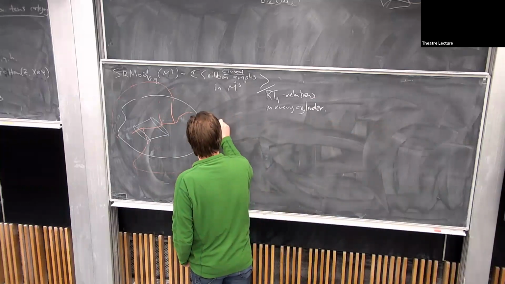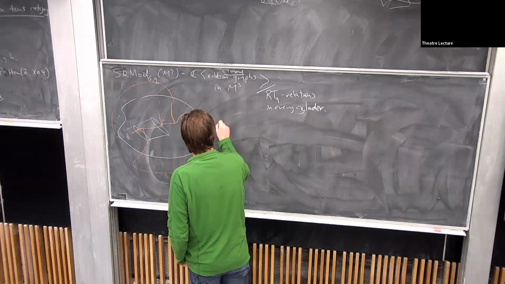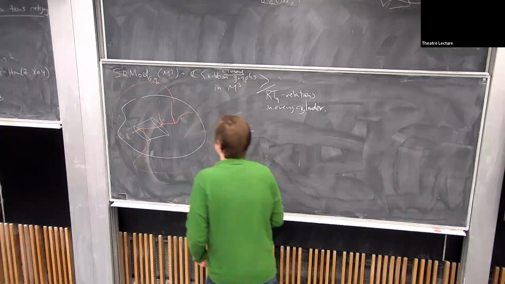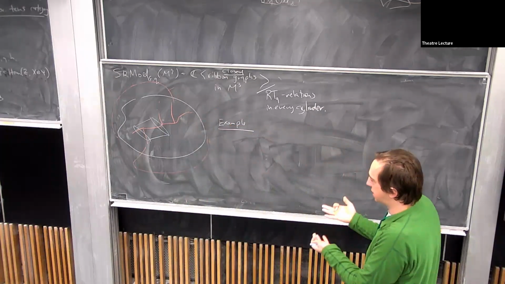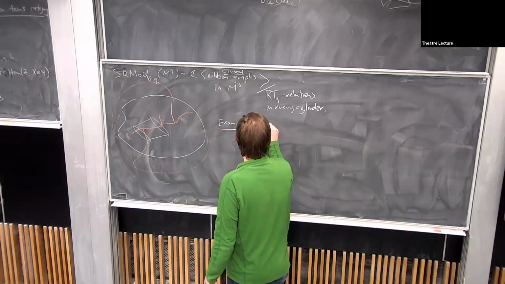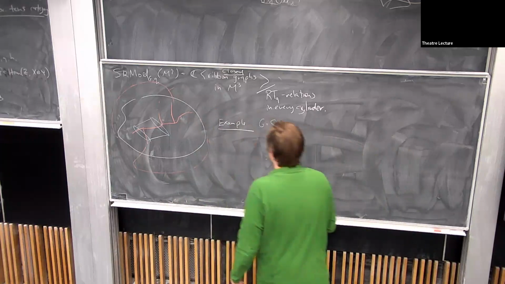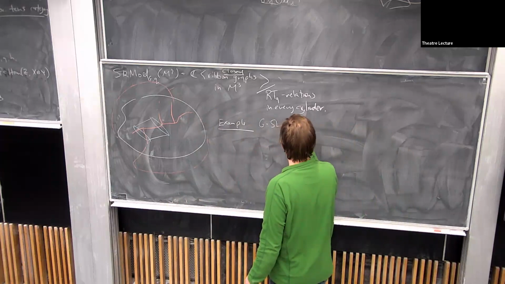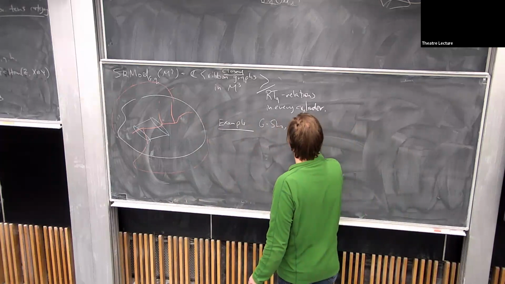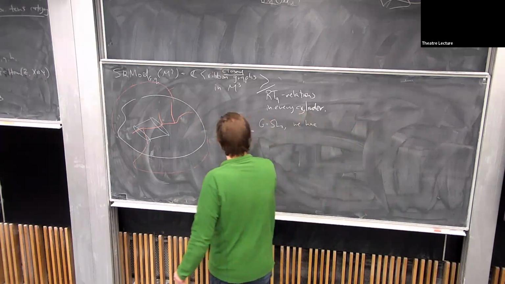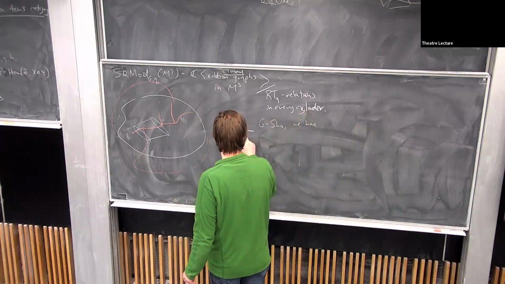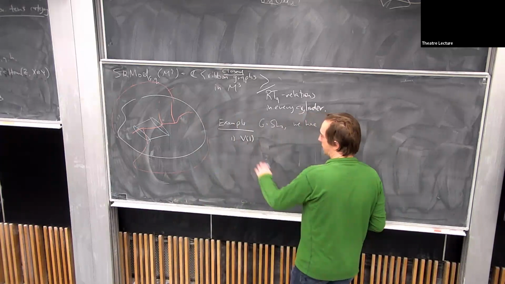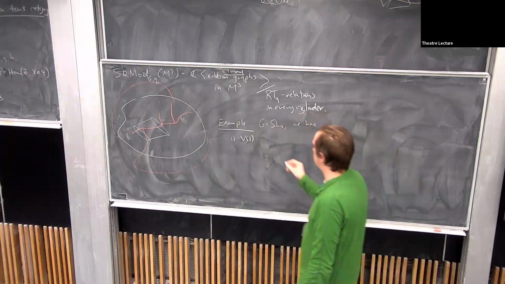So the first one is maybe an example. Usually when you see a skeins talk, they'll just do the following example. If G is SL2, then there's a lot of simplifications. First of all, the weight one representation, the two-dimensional defining representation, is a tensor generator.